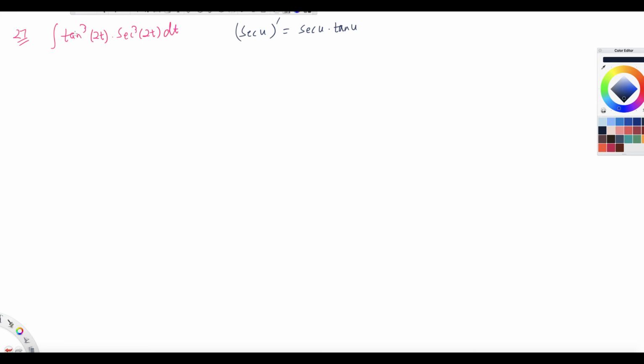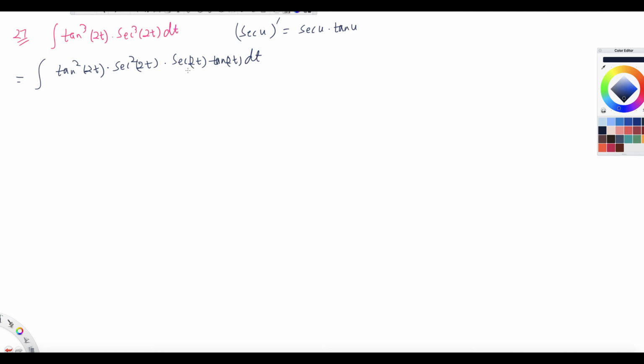So since there is an odd exponent for both of them, I want to write tangent cubed as tangent square 2t times secant square 2t times secant 2t and then tangent 2t and then dt.